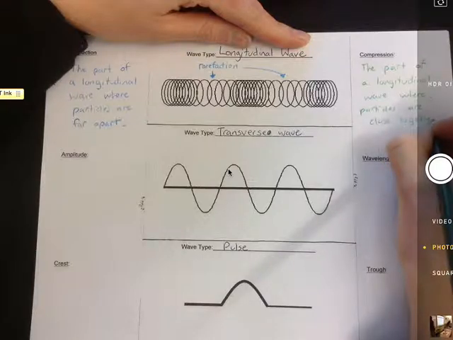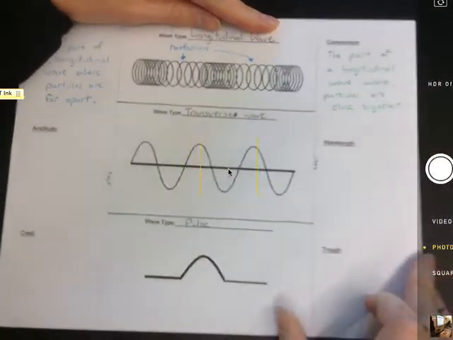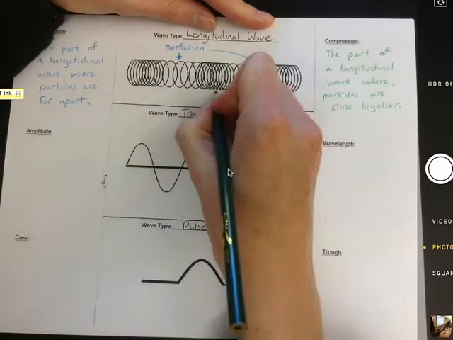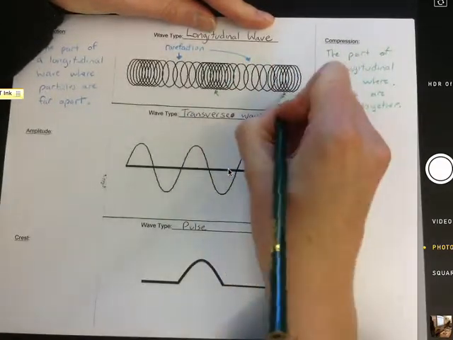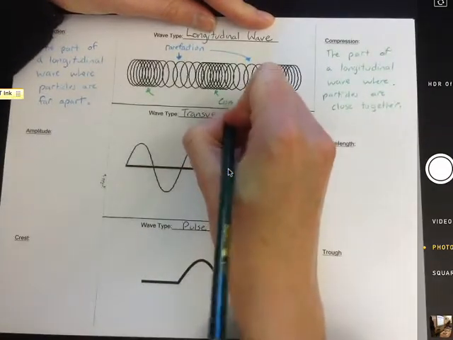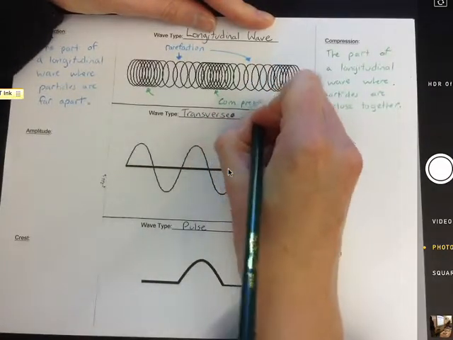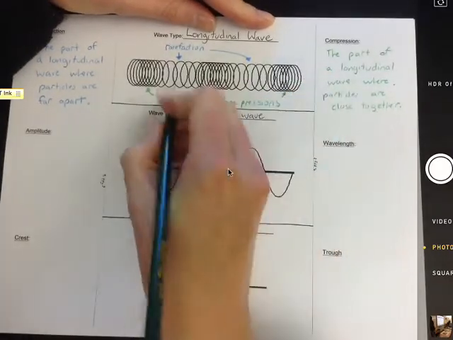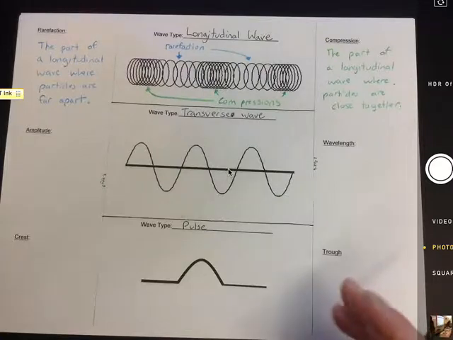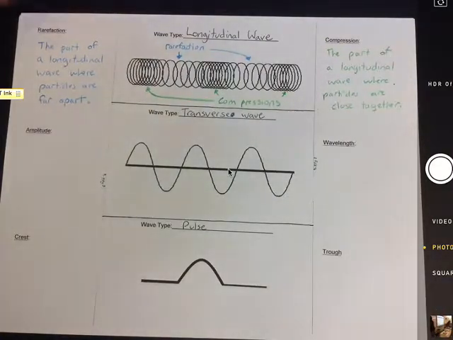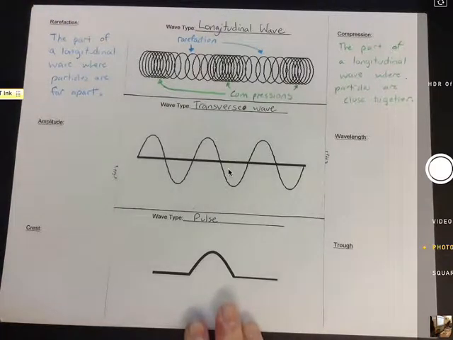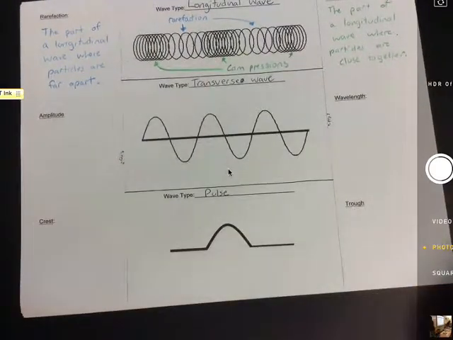So it's the opposite of a rarefaction. So when I look at this, I look for where the things are all bunched up. So this right here, and this thing over here, those are all compressions. Now that's the only parts of a longitudinal wave that we can label. There's one more thing about the longitudinal wave that we'll label here in just a little bit.